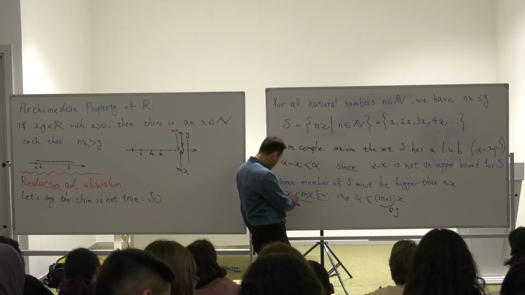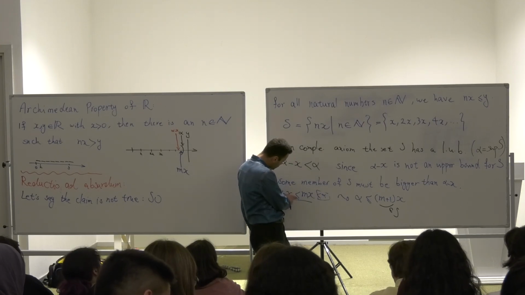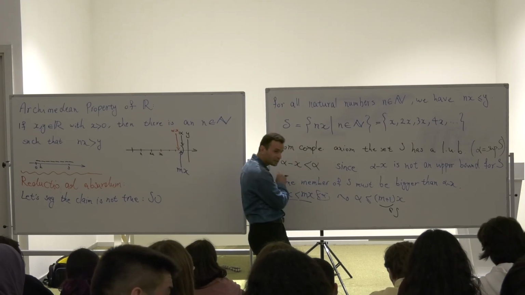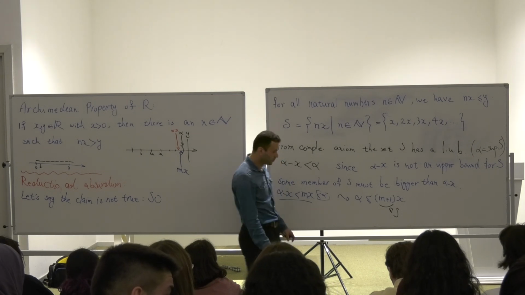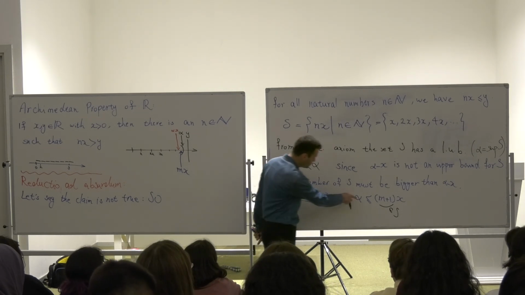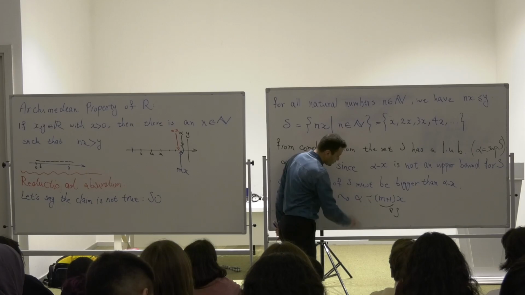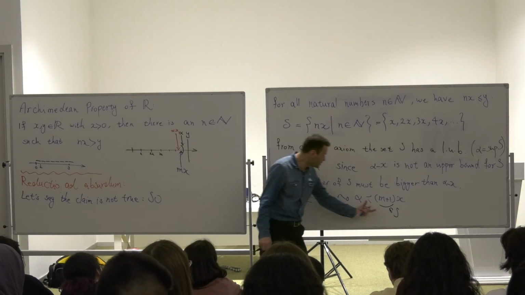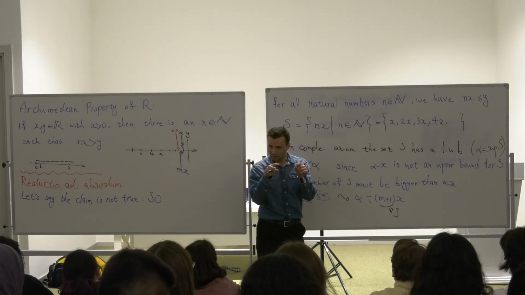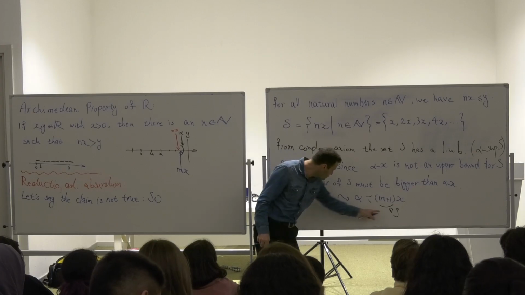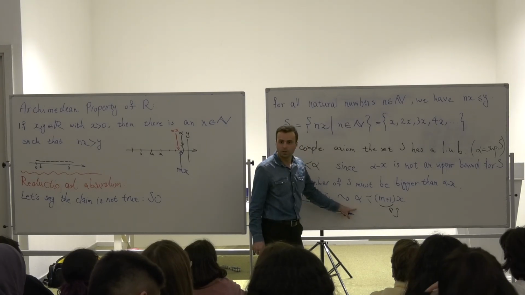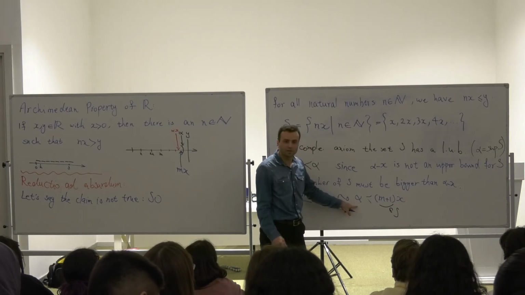But what is happening? Let me also argue that this cannot be equality. So let me also clean this. Okay? So what happens now? I have a member of S, this set, such that it is greater than its upper bound. This is a contradiction with the definition of upper bound.